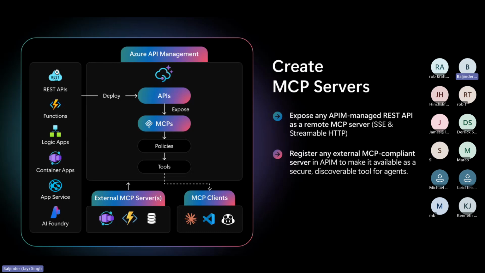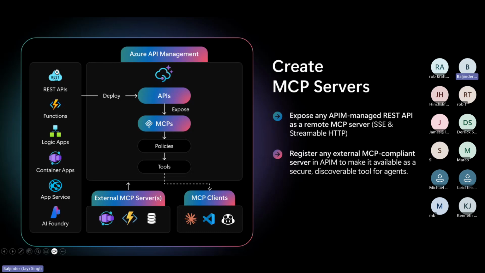These are the backends that are deployed behind Azure API Management, and APIM becomes the single front door. Be it REST APIs, functions, or logic apps, a lot of these already exist, and we are putting them behind our APIM. And within APIM, that's where the APIs are being governed, secured, observed, and reused.